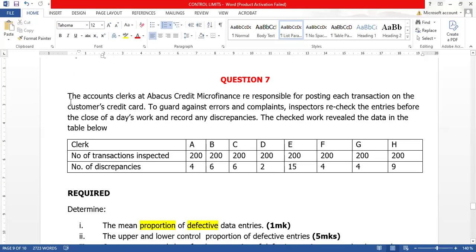So we are told that the accounts clerks at Abacus Credit Microfinance are responsible for posting each transaction on the customer's credit card. To guard against errors and complaints, inspectors recheck the entries before the close of a day's work and record any discrepancies. The checked work revealed the data in the table below.